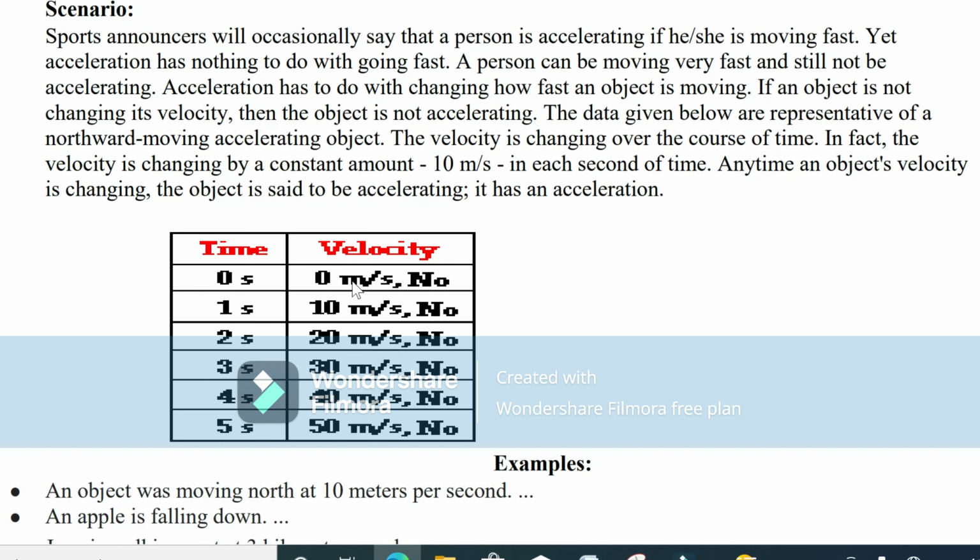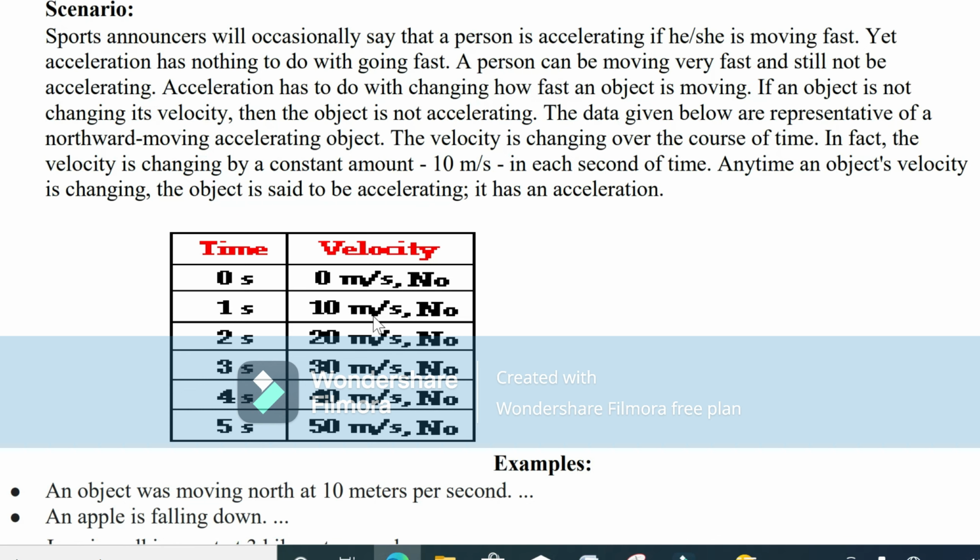Now just look here, what is the difference between these velocities? 0, 10, 20, 30, 40 and 50. Now just look here, 0 and 0, 1 and 10, 2 and 20, which means that there is a constant interval of 10 meter per second in velocity, which is uniform.